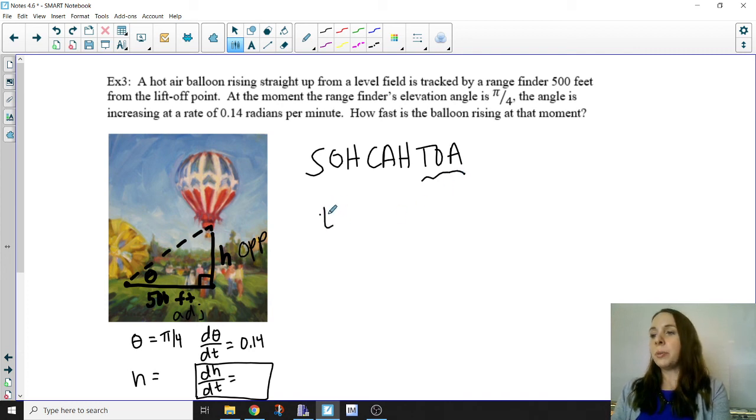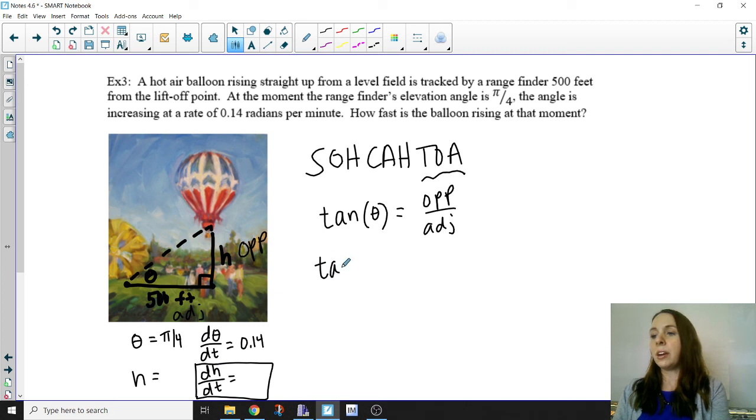The formula we want from SOHCAHTOA for tangent is tangent of theta equals opposite over adjacent. Don't fill in values yet for your variables, but do fill in values for constants.